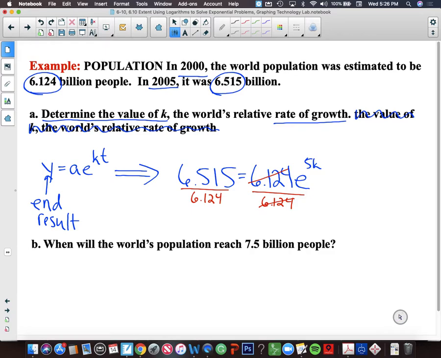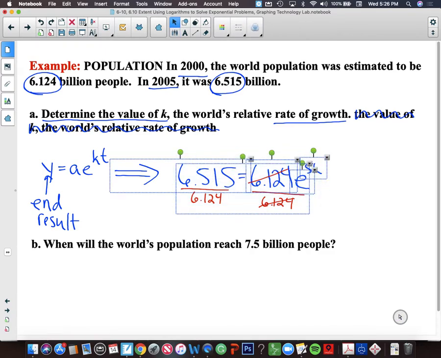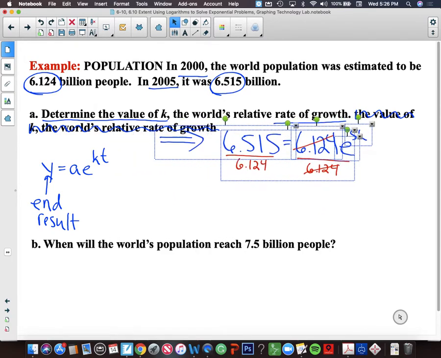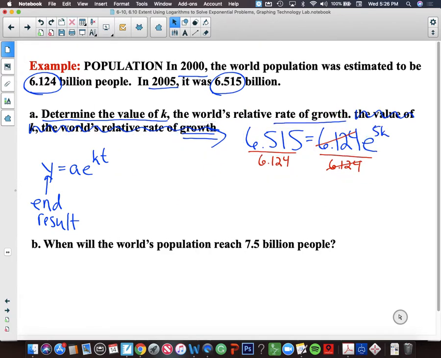So we have now just the e over here. So we got e to the 5k equals 6.515 over 6.124.